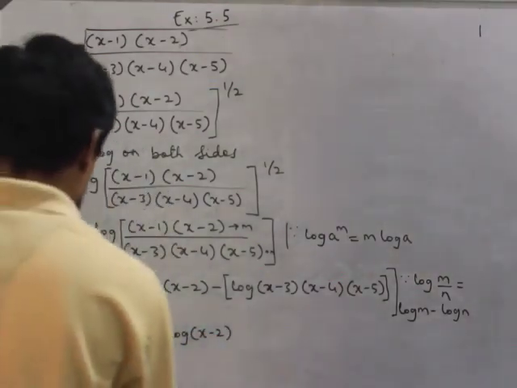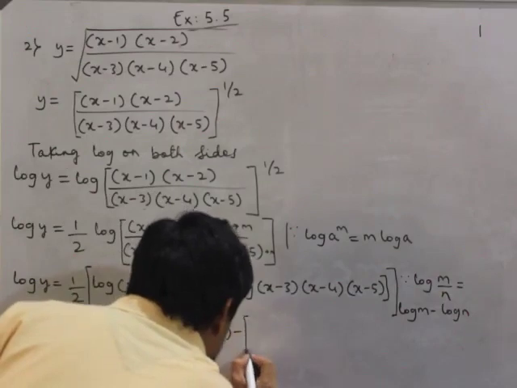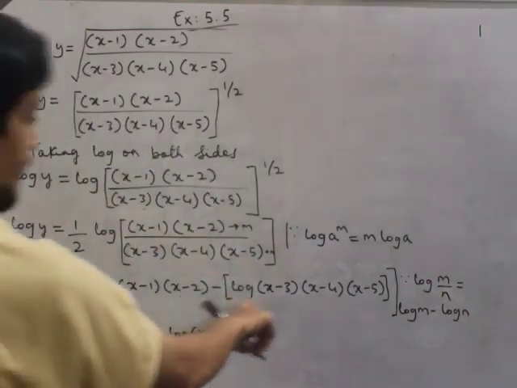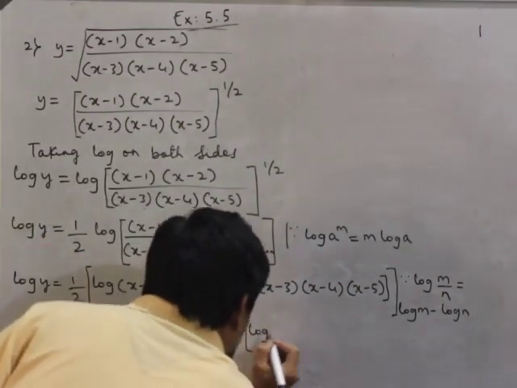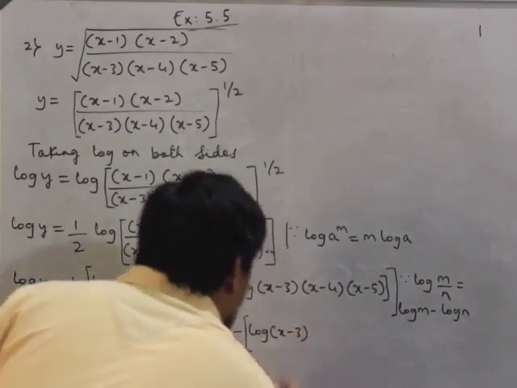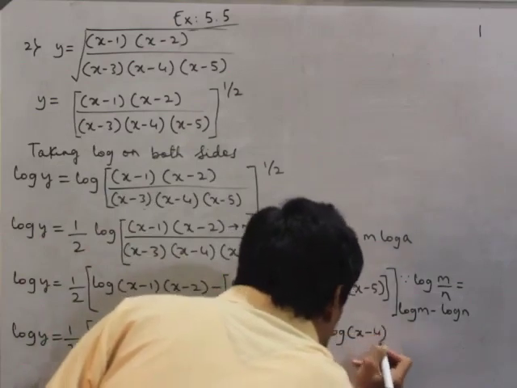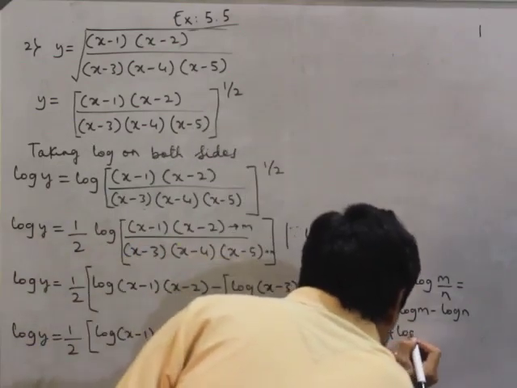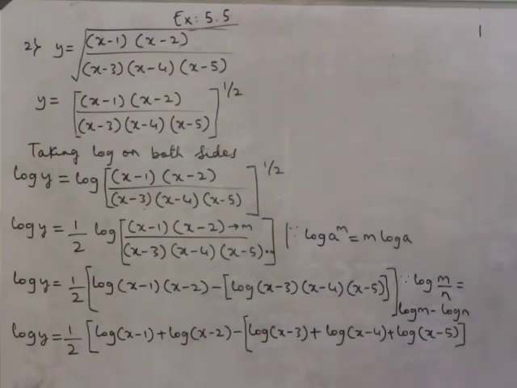Next, this minus sign as it is, and inside the bracket simplify this also in the form of log m plus log n. So this will be log of x minus 3 plus log of x minus 4 plus log of x minus 5. So here I have applied the logarithmic law: log mn is equal to log m plus log n.